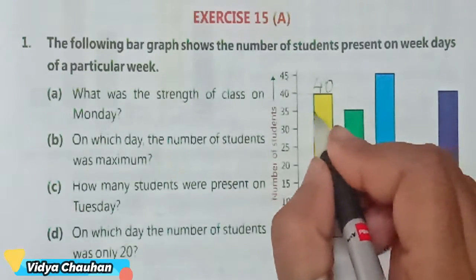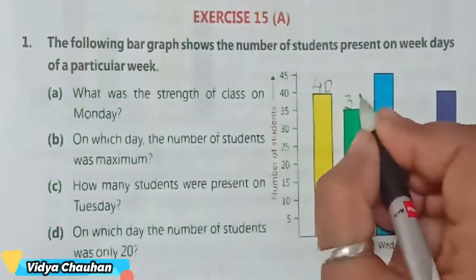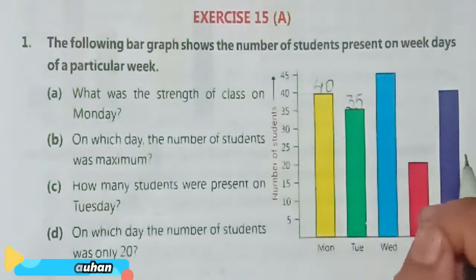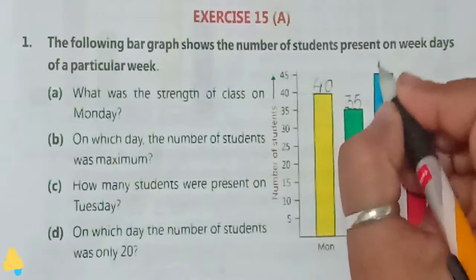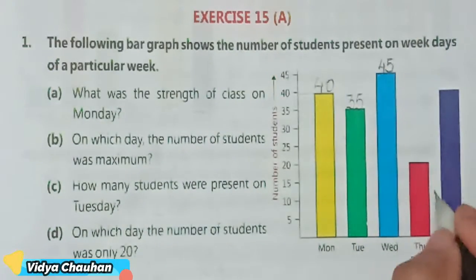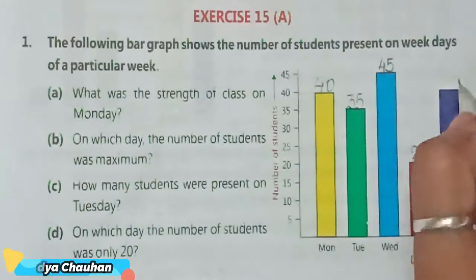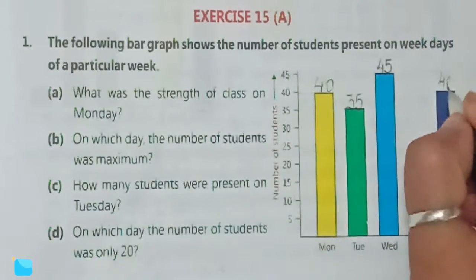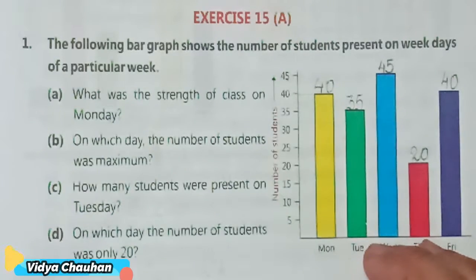When you join this bar with the vertical line, it gives us 35 students present on Tuesday. How many on Wednesday? Wednesday it is 45. On Thursday it is 20. On Friday it is 40.